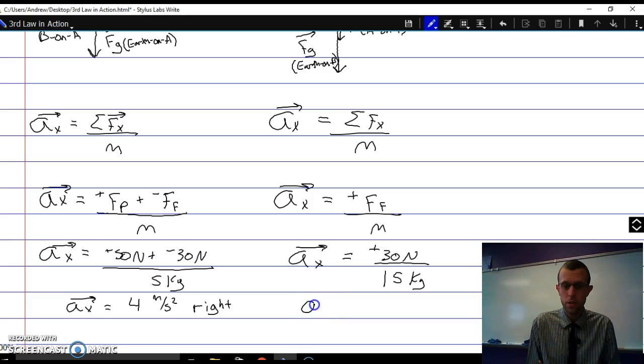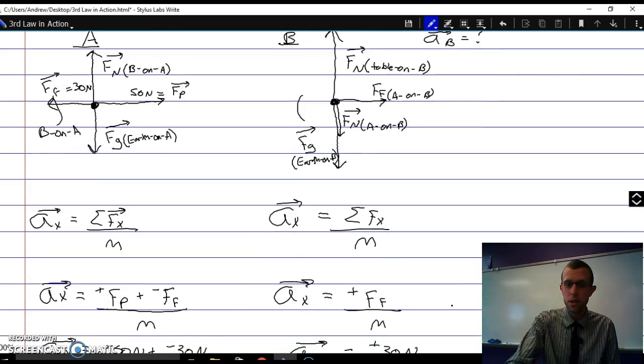So then acceleration in the x for block B, I'll label this one for block A. Acceleration for block B is going to be 30 over 15, so 2 meters per second squared. And that is also to the right, or in the positive direction.